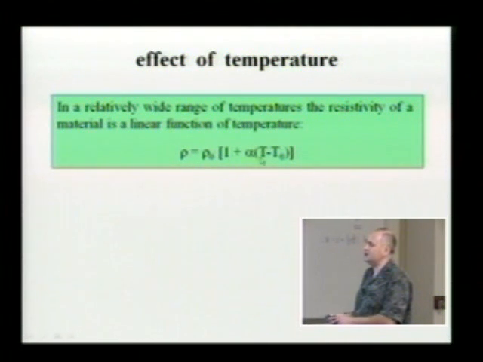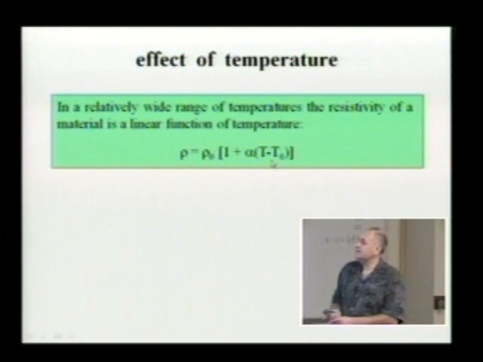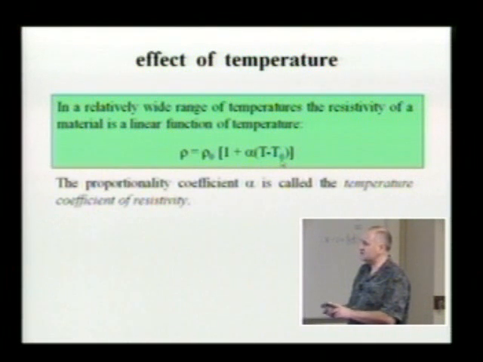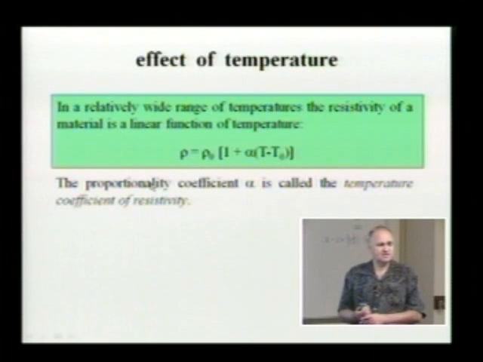And then we have a term which says that the resistivity is a linear function of temperature. T0 is that room temperature. This coefficient is called the temperature coefficient of resistivity.